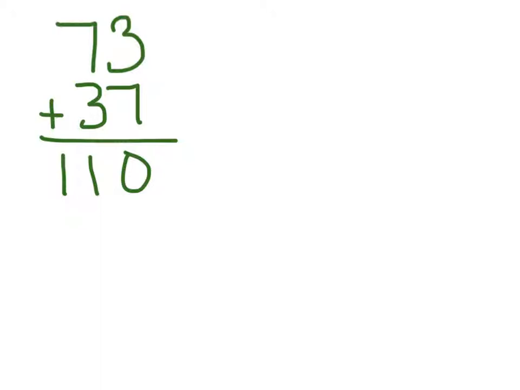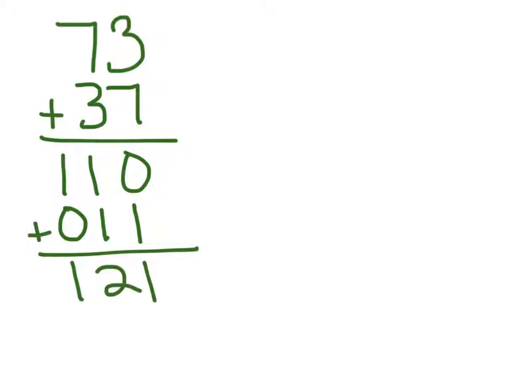So we need to add another reversal. Instead of writing 110, we're going to write the opposite, 011, and add that to it. If we add those together, we will get 121. Now we have created a palindrome. From this side, it's 121, and from this side, it's 121.